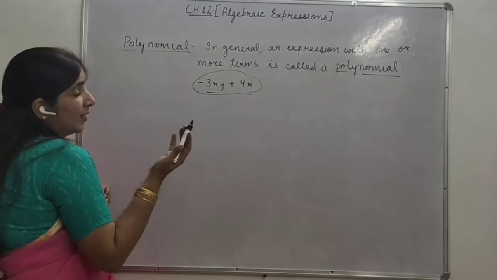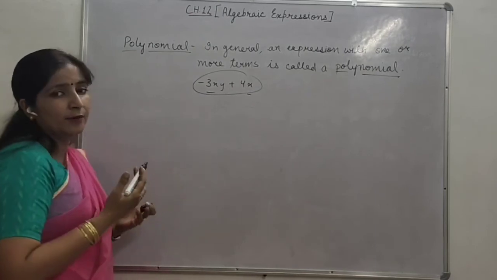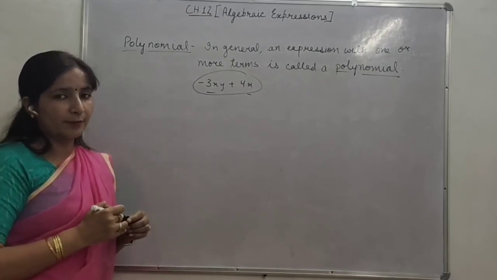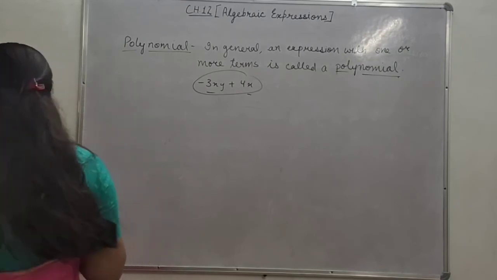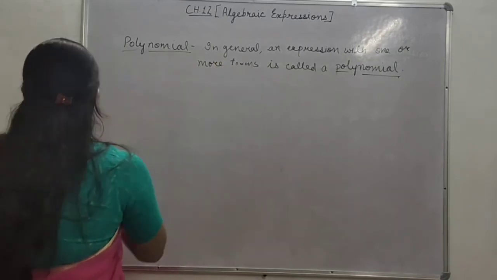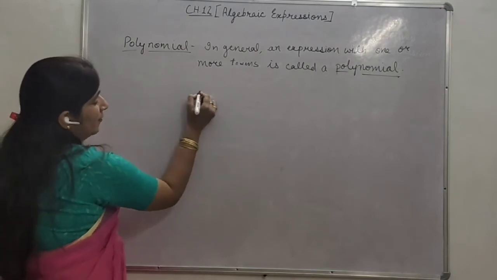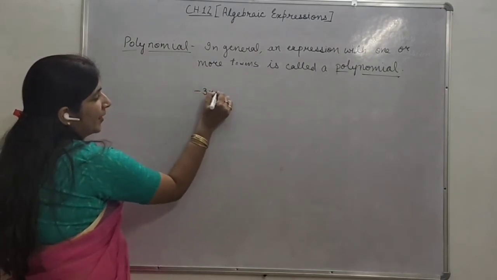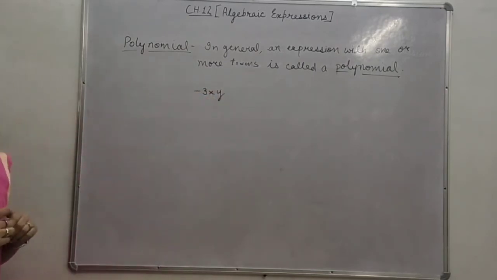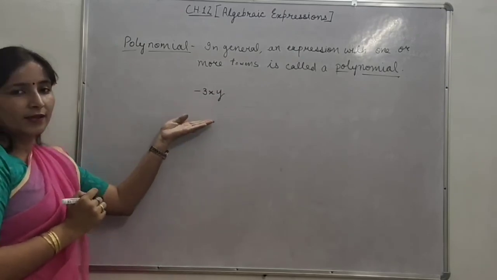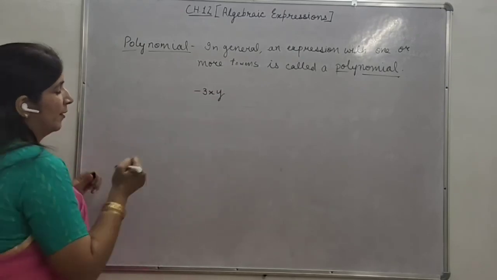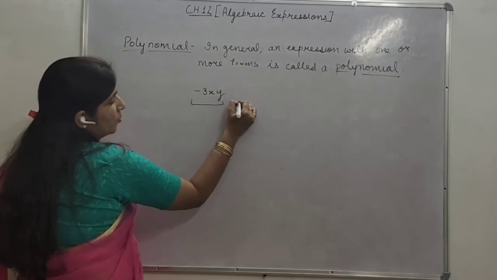Yes, we can say the polynomial with one term, two terms, three terms, so they also have separate names. So let us understand that. The expression with one term, suppose we have one algebraic expression, minus 3xy. How many terms are there? Here we have only one term. So this type of expression is known as a monomial.